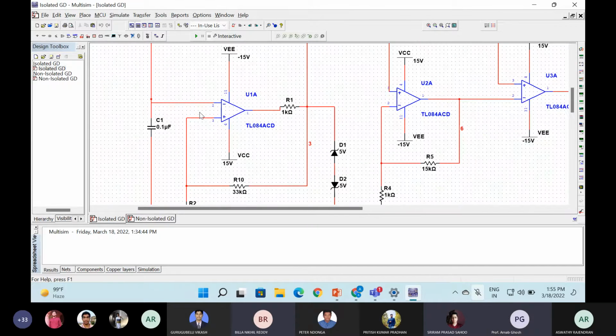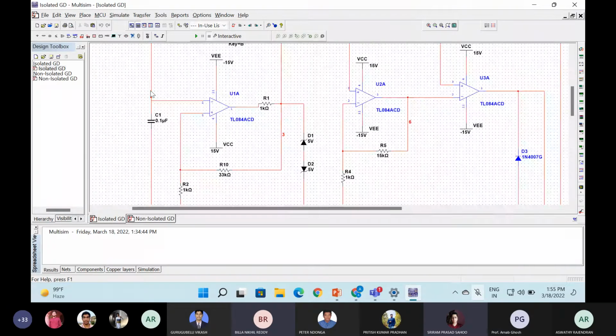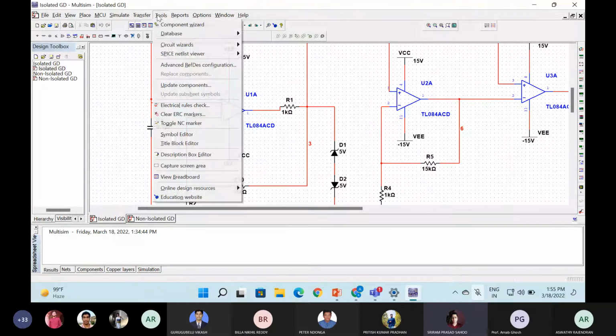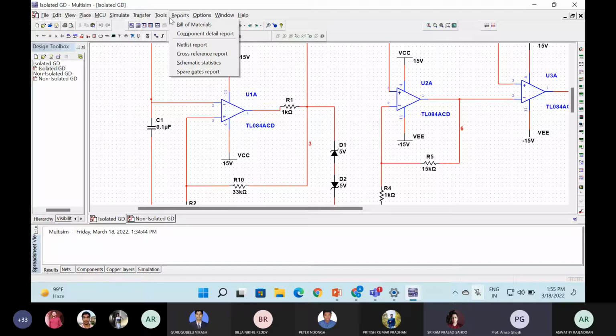Take one oscilloscope. You don't know where is that oscilloscope?